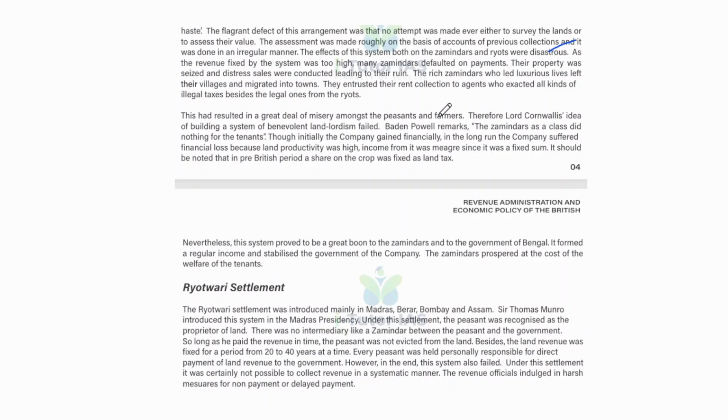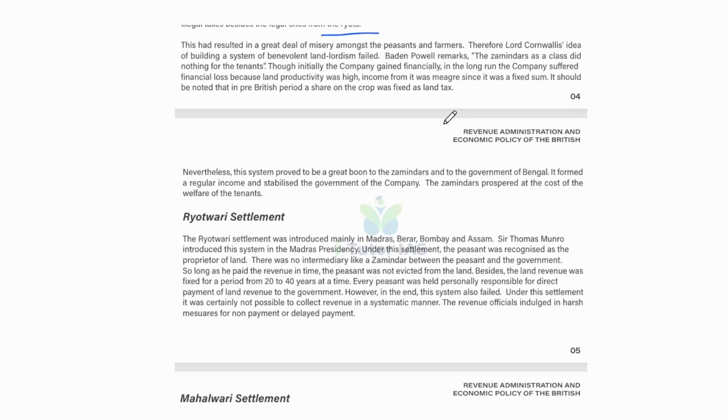And the rich zamindars who led luxurious lives left their village and migrated into town, and they entrusted their rent collection to agents who exacted all kinds of illegal taxes besides the legal ones from the ryots. And this had resulted in a great deal of misery amongst the peasants and farmers, and therefore Lord Cornwallis' idea of building a system of benevolent landlordism failed.